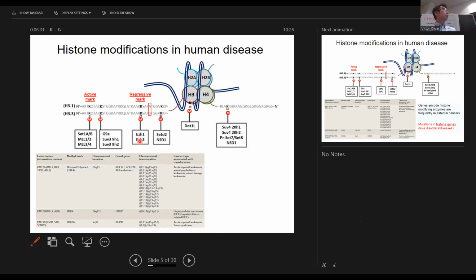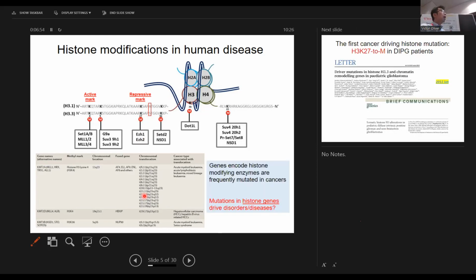For example, the EZH2 activating mutation found in cancer will lead to constitutively active enzyme and lead to increased trimethylation of histone H3 lysine 27, leading to the suppression of many of the target genes, including tumor suppressors. So it has been known that enzymes can be found mutated in different cancers. But what about the histone genes themselves? Histone proteins are encoded by different histone genes.